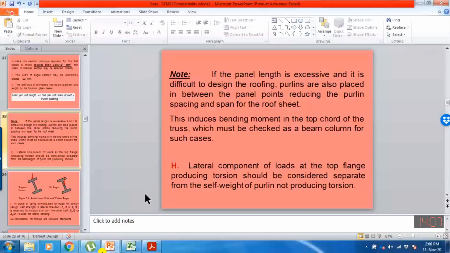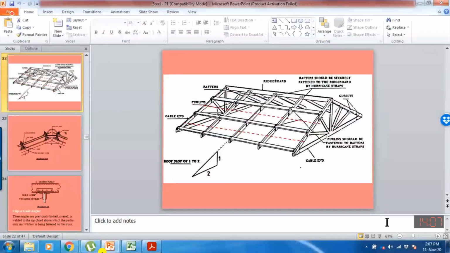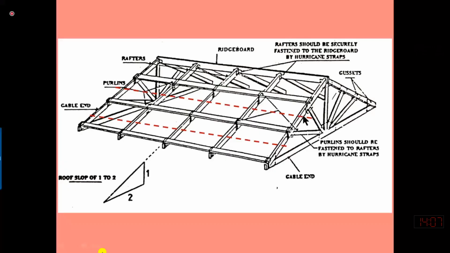Actually, he says that we have some maximum width of roof sheeting available in the market. It has a certain length. So if the panel length is very large, it means that we cannot cover this spacing with a single roof sheet.